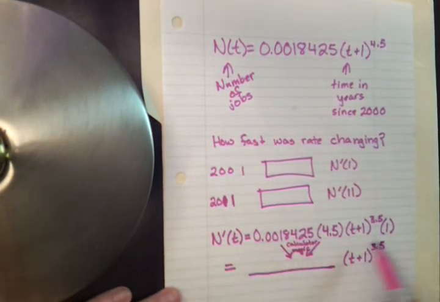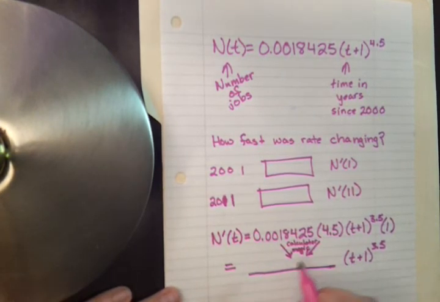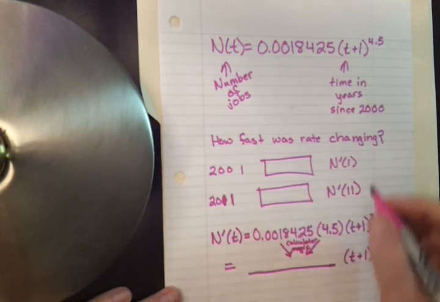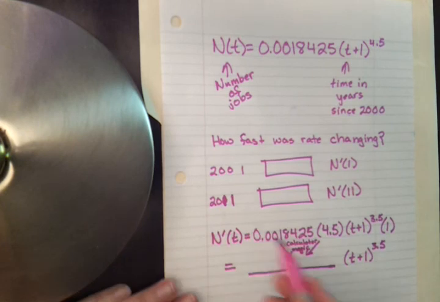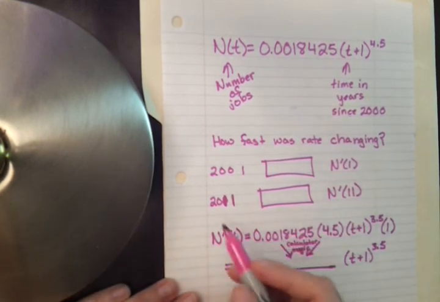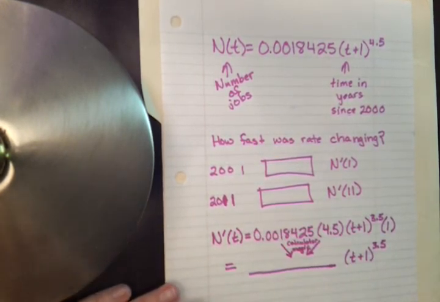So once you've got this, you can multiply these two things together. That's going to give you another number here. And then you just plug in 1 for t for this one and 11 for t for this one. Your year might be 15, plug in a 15. Your year might be 6, plug in a 6.